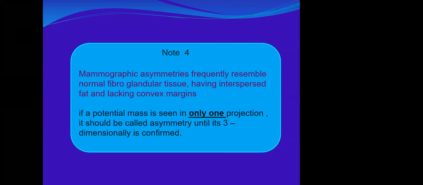Mammographic asymmetries frequently resemble normal fibroglandular tissue, having interspersed fat and lacking convex margins. The latter are the criteria for a mass. However, if a potential mass is seen in only one projection, it should be called an asymmetry until its three-dimensional character is confirmed.